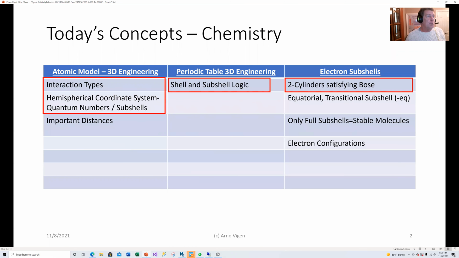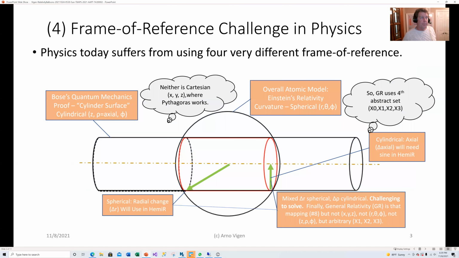Now, this is going to go through some basic atomic modeling and 3D engineering, how shells and subshells work, and also there's going to be a little talk about Bose cylinders, which is the math that makes quantum mechanics and electron subshells work.